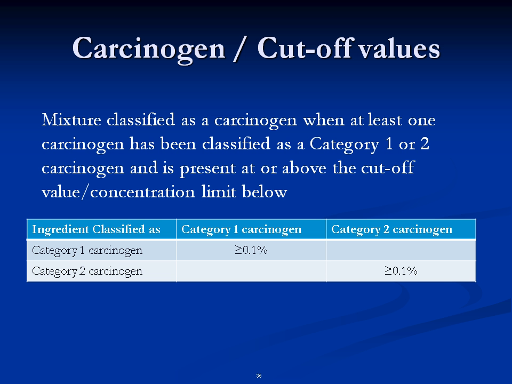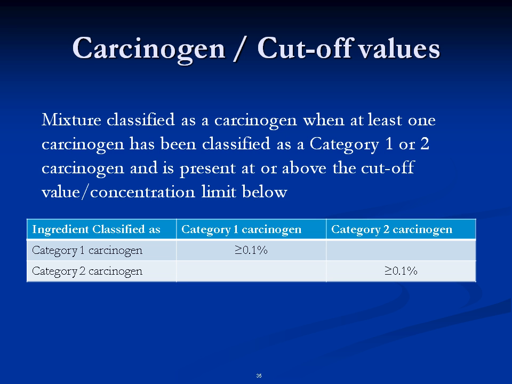Now, for these other materials I talked about, with basic cutoffs, the concept of classification is that the presence of a single ingredient classified in a particular category then results in classification of the mixture. So here if I had 0.1% or more of a Category 1 carcinogen, under the standard my product will be classified in Category 1.